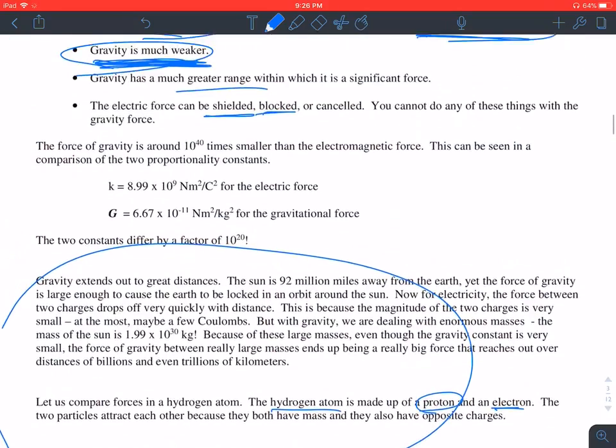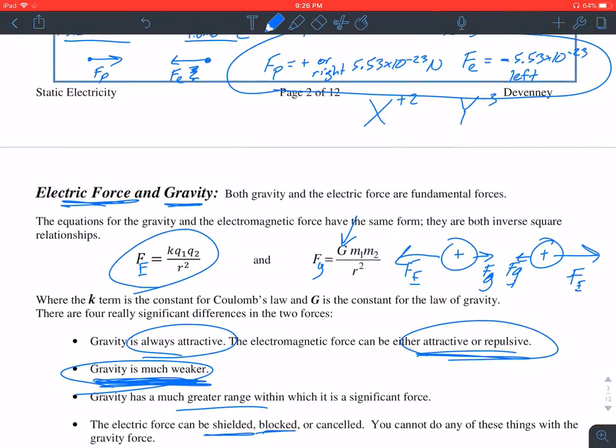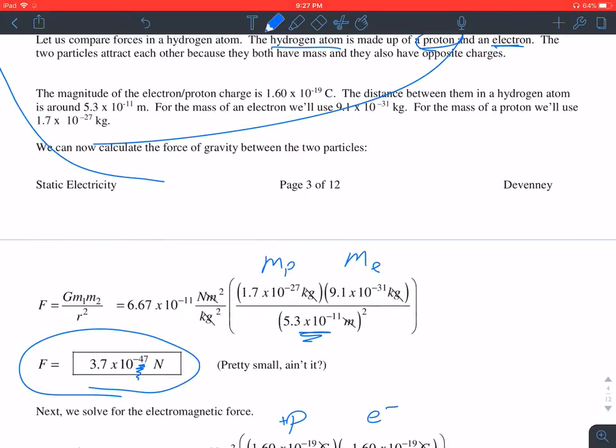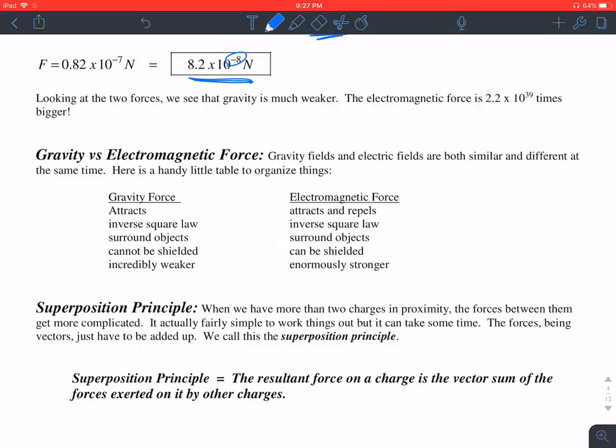Meaning, if you went back to here, this force of gravity that attracts those two objects is so much weaker than these forces that are repelling, that these two objects would repel and accelerate away from each other. They wouldn't move towards each other. And that's only if they're charged objects.